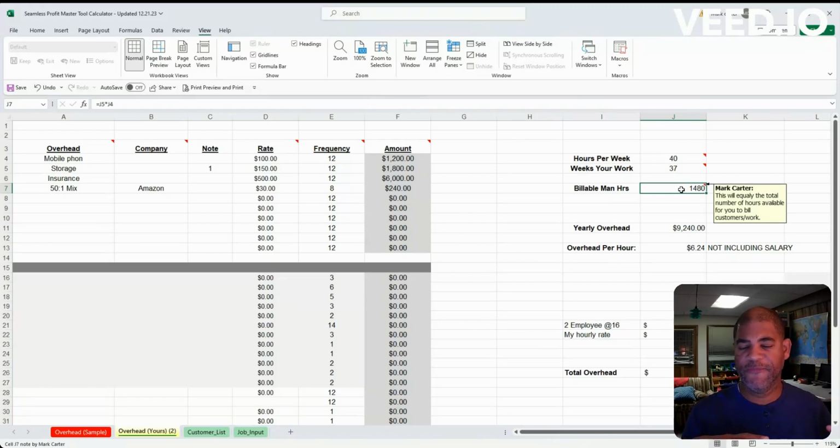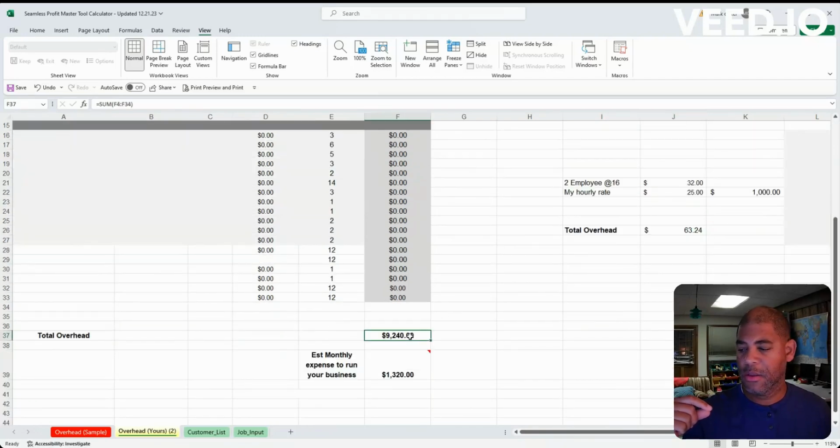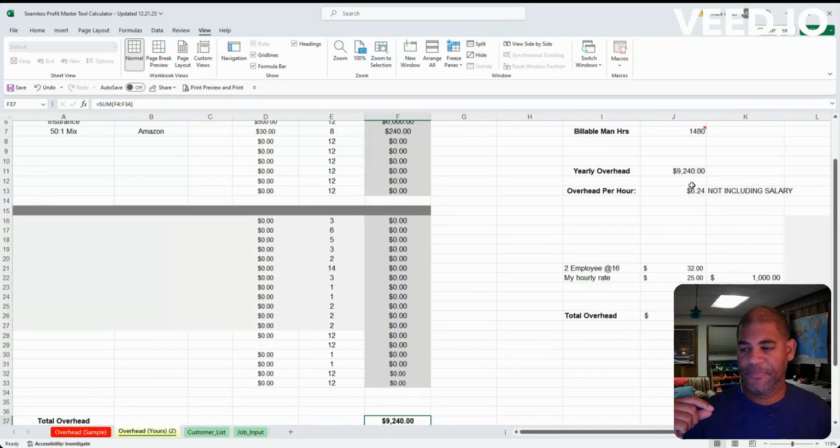I hope this is clear so far, but what this is designed to do is to take all of the possible hours you have to work, which are your weeks times 40 hours, and divide the total expenses by that.